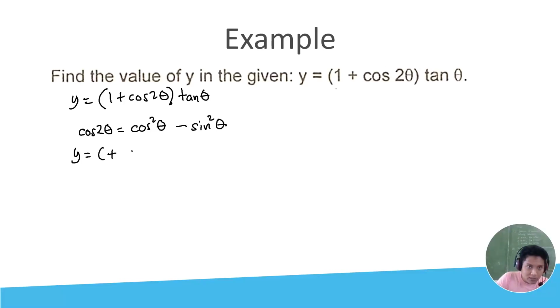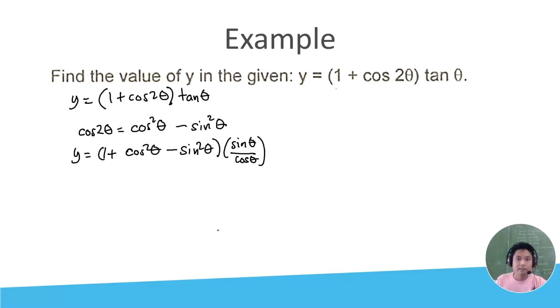plus cosine squared theta minus sine squared theta. Now, how about tangent? What is the equivalent value for tangent? It is sine theta over cosine theta.